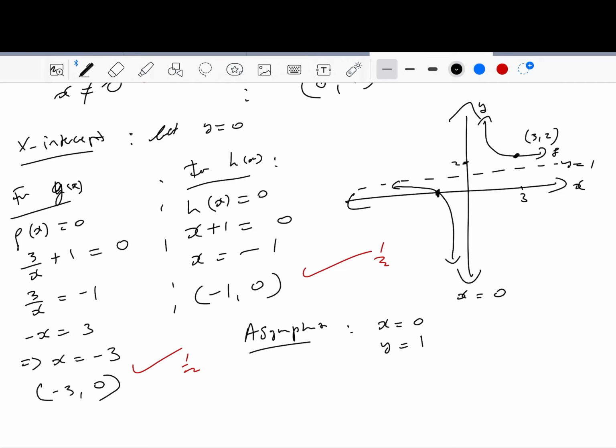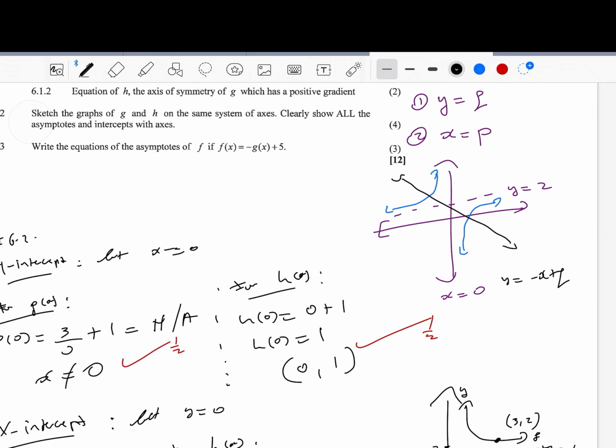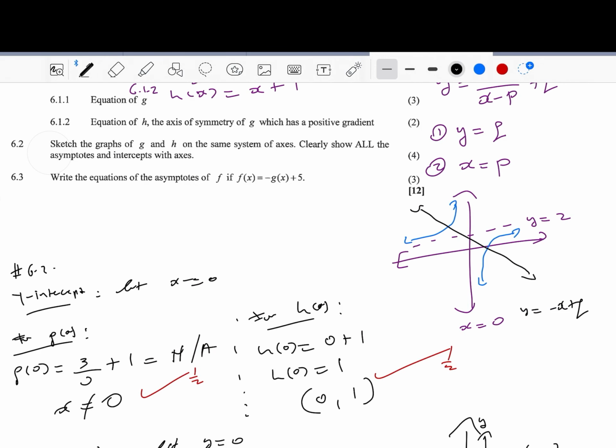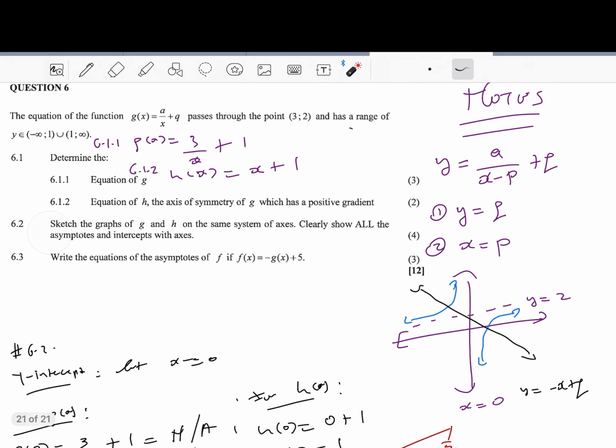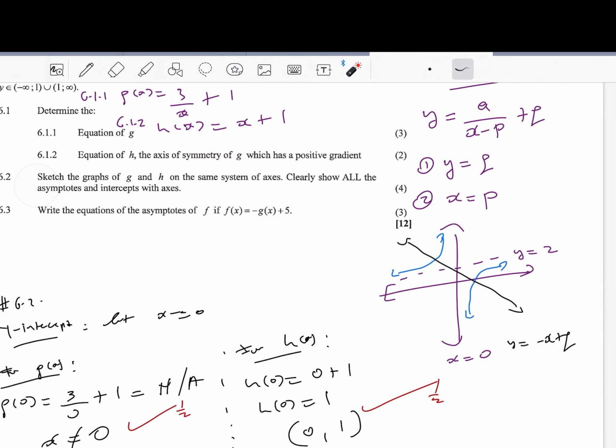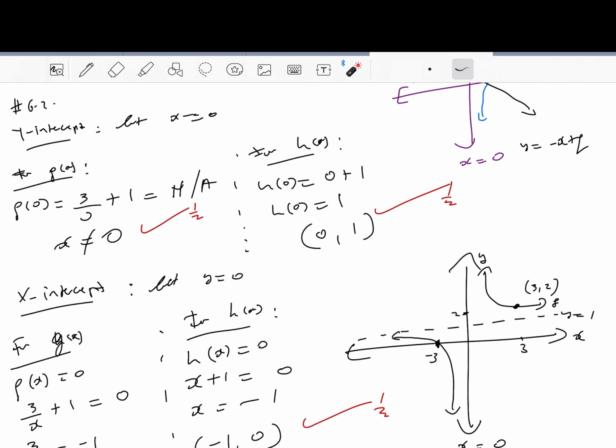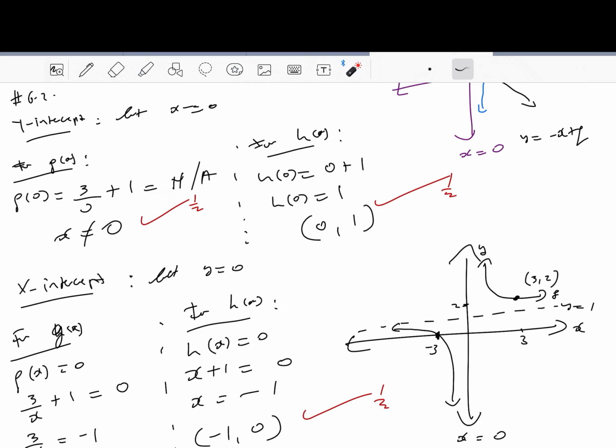Remember, this is g. The x-intercept for g is negative 3 and 0, so this point is negative 3, so it touches that x-intercept. And then h of x, remember, is what you call a horizontal axis of symmetry. So go back to our previous video to check out what h of x is.